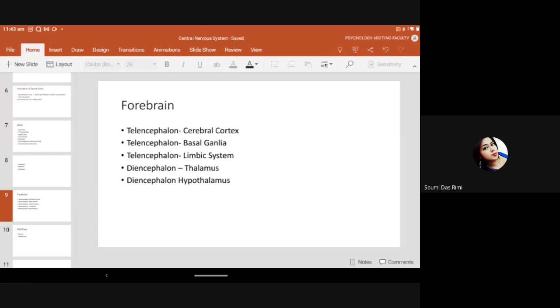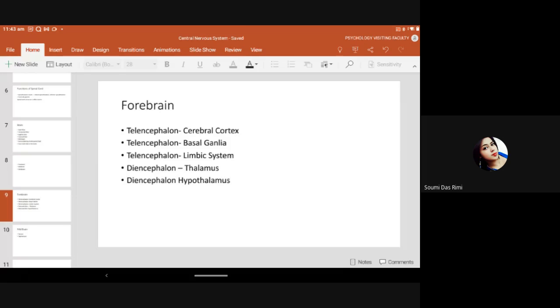So this is all about the main functions of this telencephalon, that is the number one part, that is the cerebral cortex. Now the next part, of the telencephalon, the basal ganglia. Now this basal ganglia, it is another part present just under this cerebral cortex.